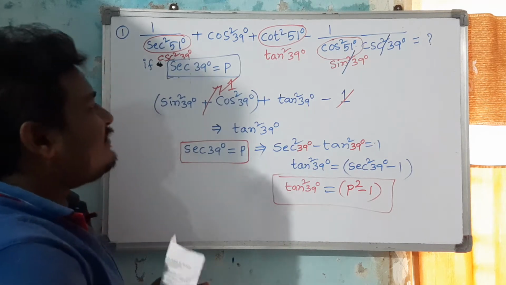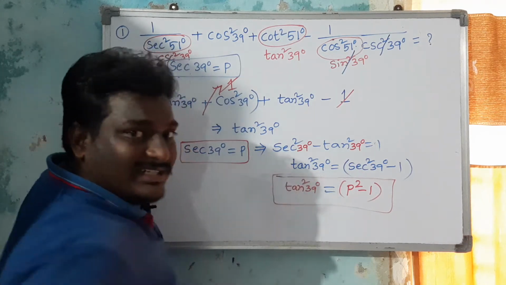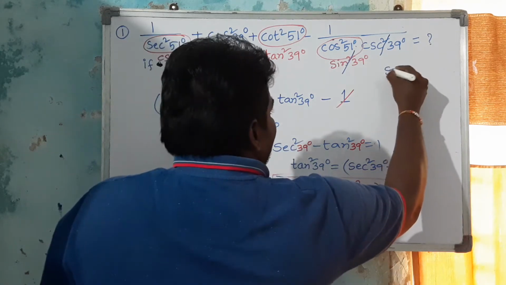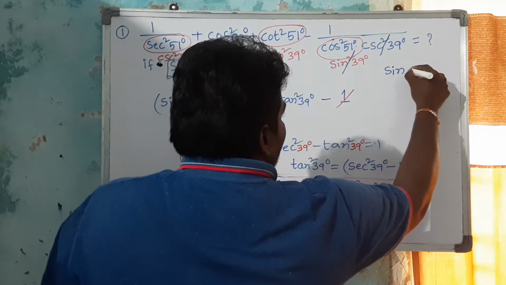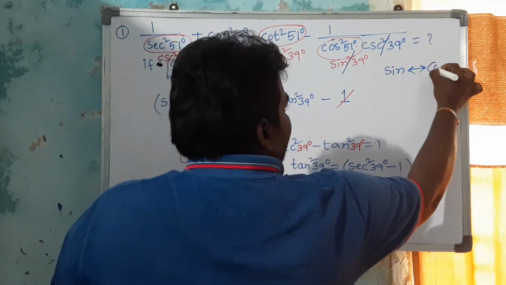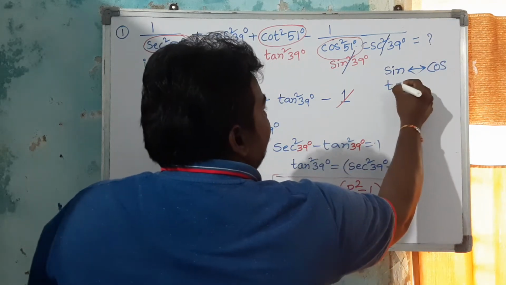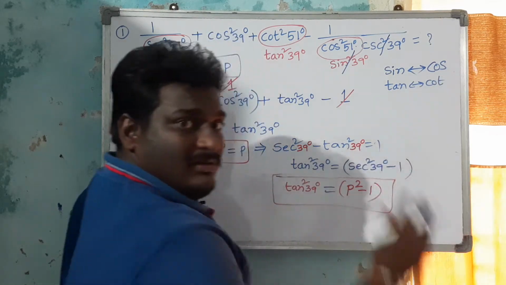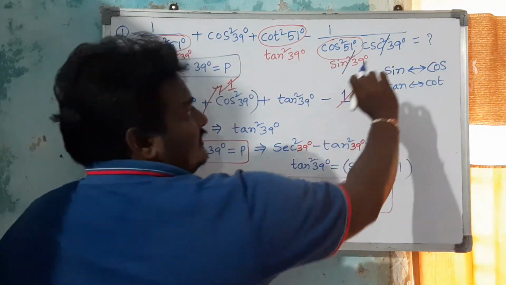The whole thing is based only on the complementary angles concept. When two angles are complementary, sin of one angle will be cos of the other angle, tan of one angle is cot of the other angle.